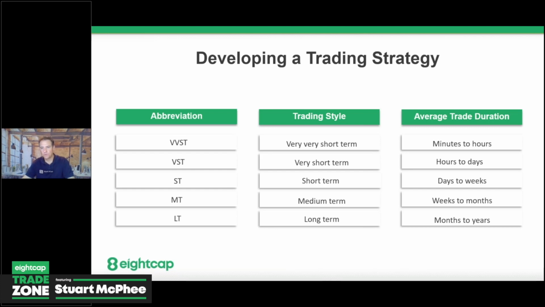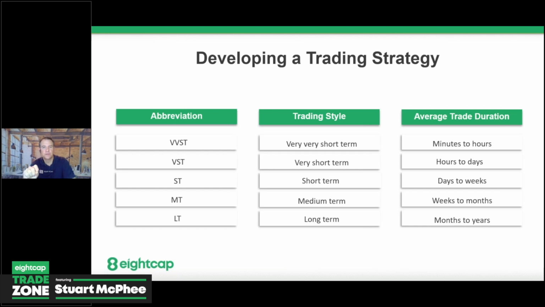Things are going well. You're starting to get some profits. Just things are the way you want them to be with your trading. Have a think about that. Visualize that. Now have a think about the way you are trading. All your profitable trades, how long are they going for? Roughly, what is your average profitable trade duration?